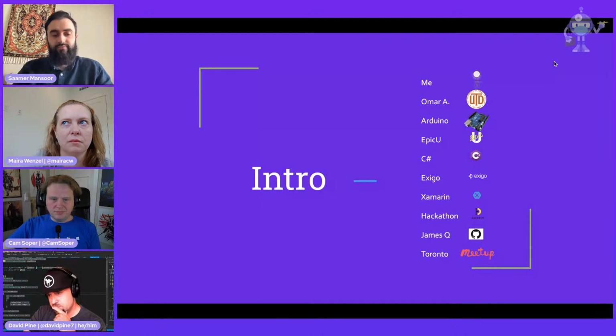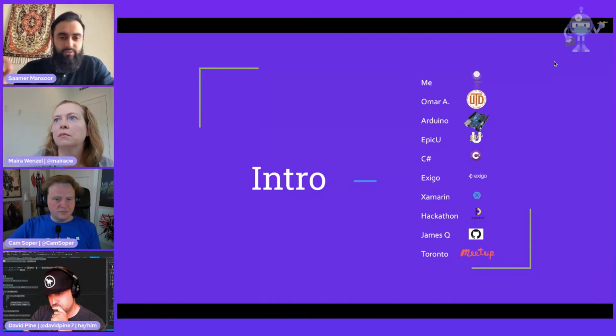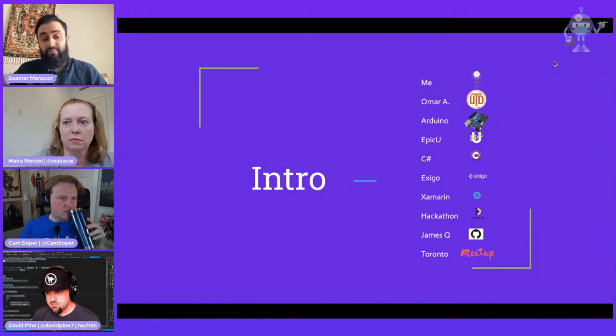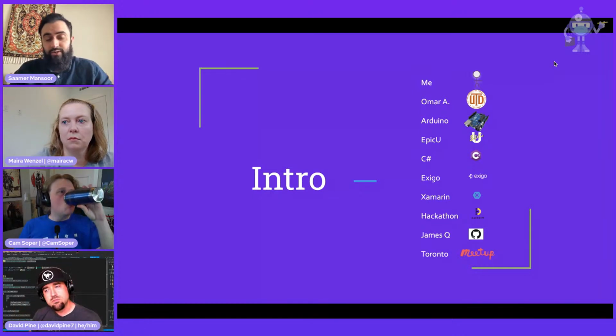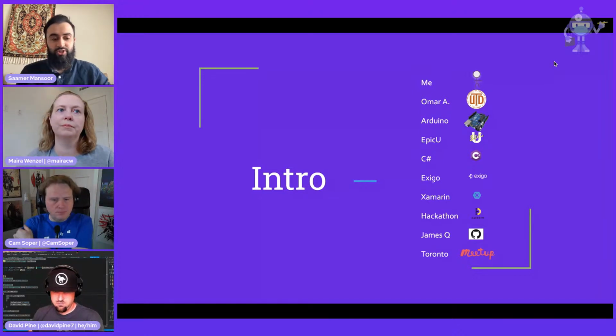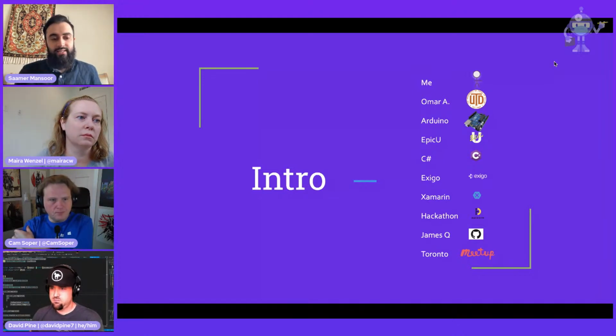A little bit about myself. I went to the University of Texas at Dallas. I've been doing Xamarin for several years and participated in a lot of hackathons. I'm in Windsor, Ontario, which is close to Toronto, and Toronto is where I started speaking and sharing my knowledge.